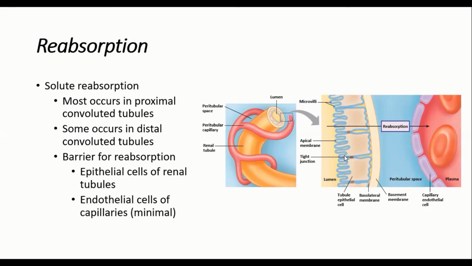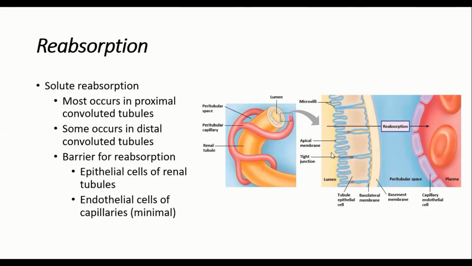What's really going to control what is moving back into the blood is the epithelial cells in the tubules themselves. Okay, so just so that we make sure that we know where we are here, because we're about to zoom in. Here we can see a proximal convoluted tubule. We can see that there's some space, and we also have the capillaries around it. So the peritubular capillary here. And when we zoom in, what we're looking at here is the lumen of the renal tubule.